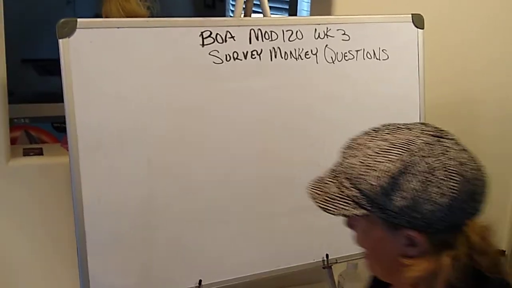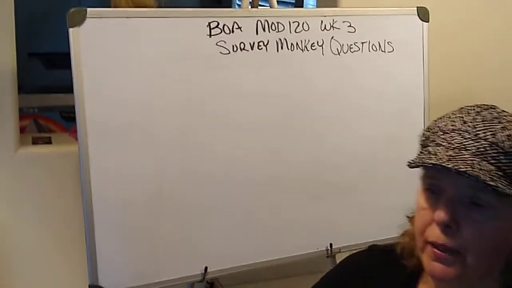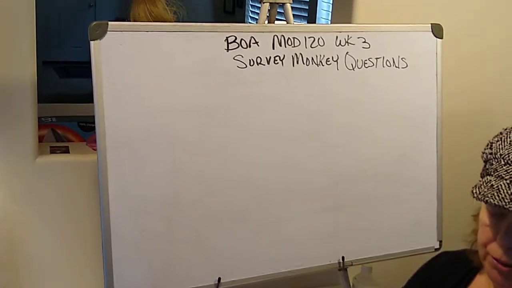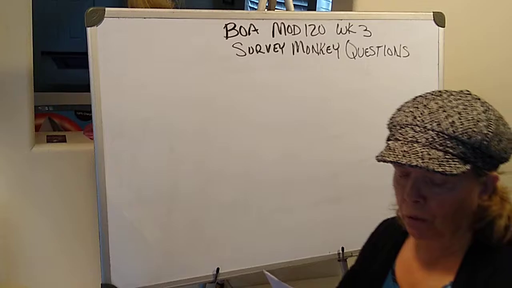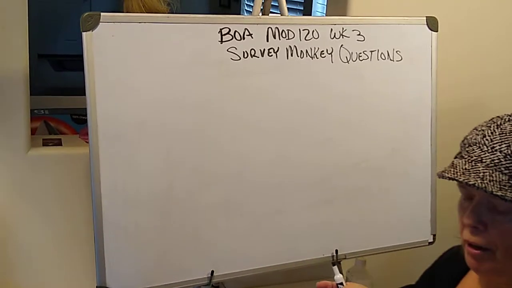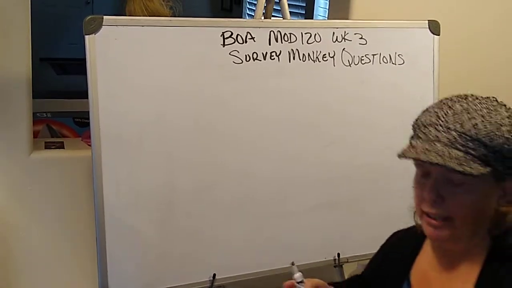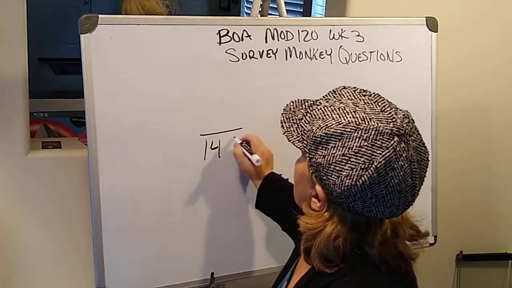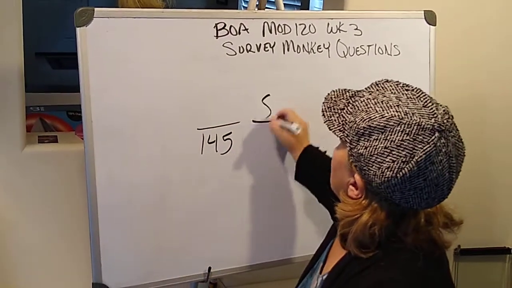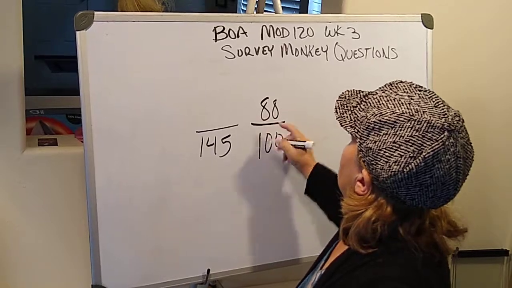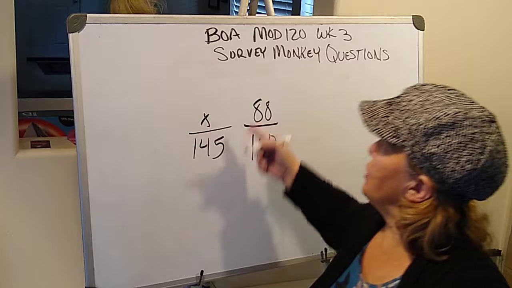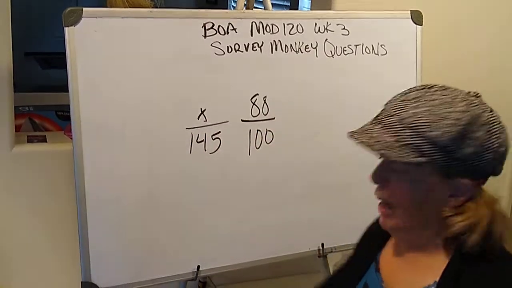All right, an iPad, number 4. An iPad cost $145, and it was sold at an 88% markup. What was the selling price? So again, $145. The markup was 88%. So we got to figure out, first of all, what is 88% of 145?